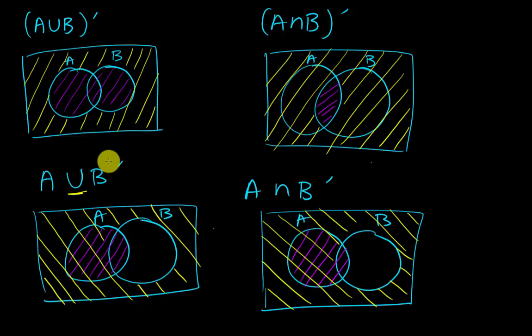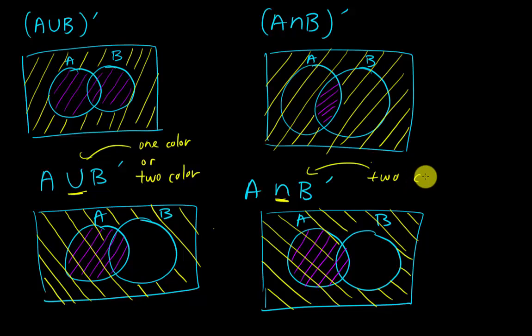Union means one color or two colors. All included, no matter if you see yellow or purple. But if this is intersect, that only means two colors. You have to find those regions that have purple and yellow color only.